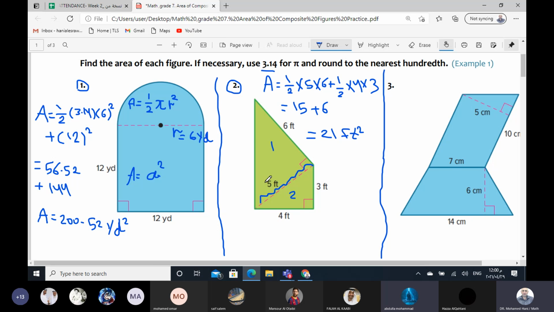No, Mr. The second triangle, this is the second triangle. Here the base, and here the height. No, Mr. I'm talking about the tall line. This is the long line. The tallest line, Mr. At your left. I didn't understand your question.